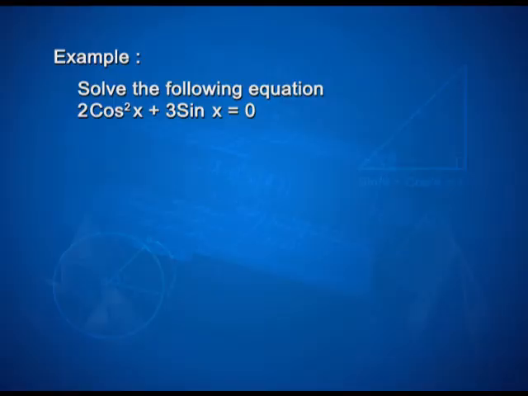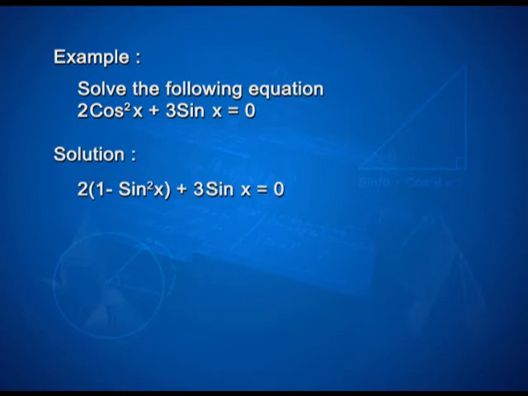Here we have an interesting equation: 2 cos square x plus 3 sin x is equal to 0. This can be rewritten as 2 into 1 minus sin square x plus 3 into sin x is equal to 0. We can see this is in the form of a quadratic equation: 2 sin square x minus 3 sin x minus 2 is equal to 0.